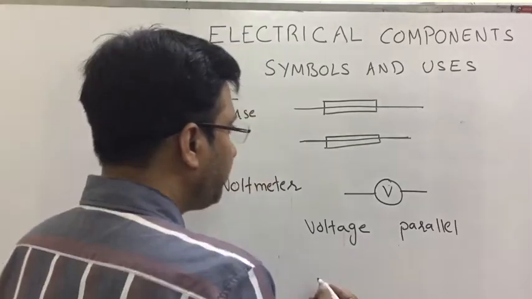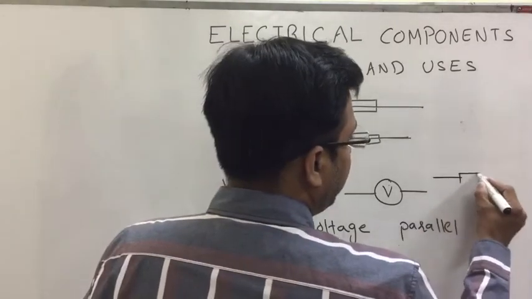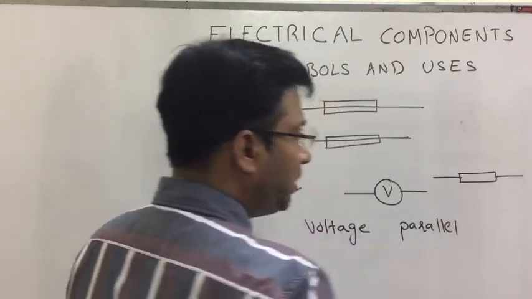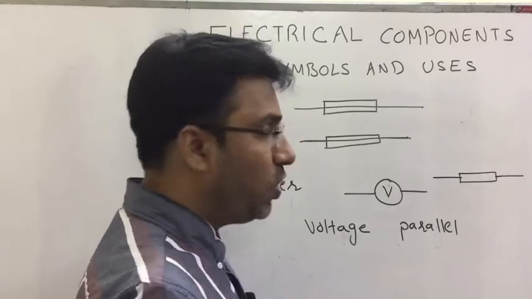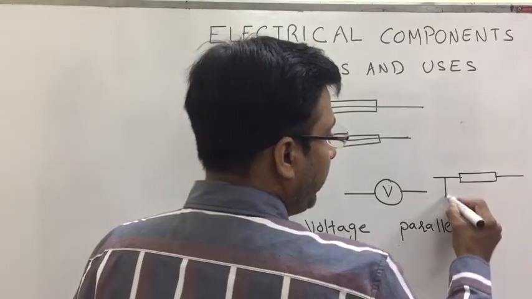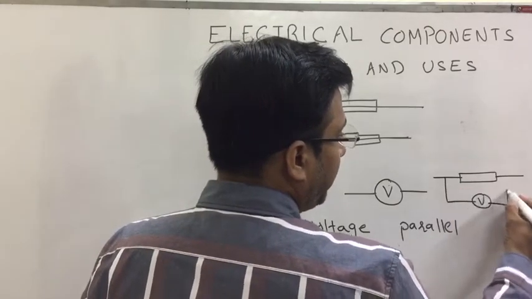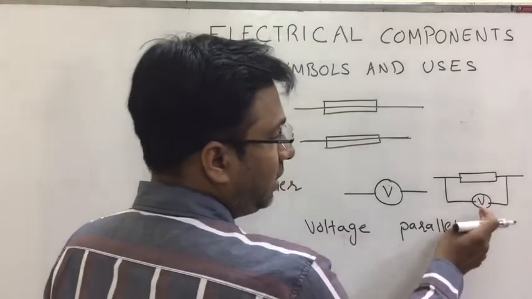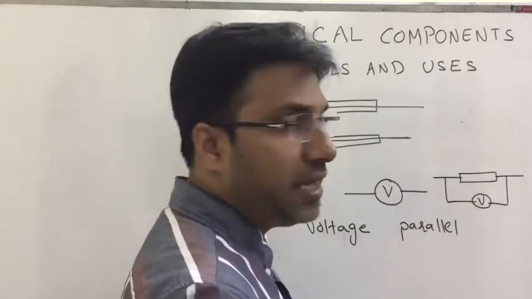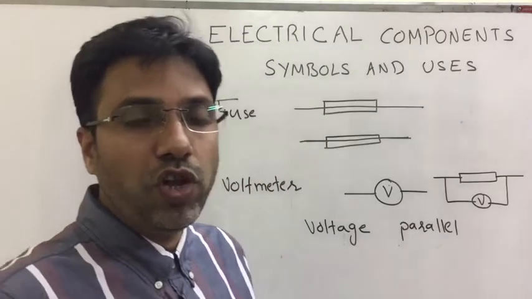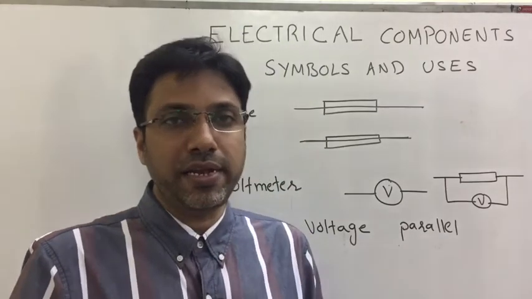For example, this is a resistor and you want to measure the voltage across this resistor, so you have to connect voltmeter in parallel like this. Either below or above doesn't make any difference, but you have to connect in parallel. That means voltmeter is always connected in parallel in a circuit.